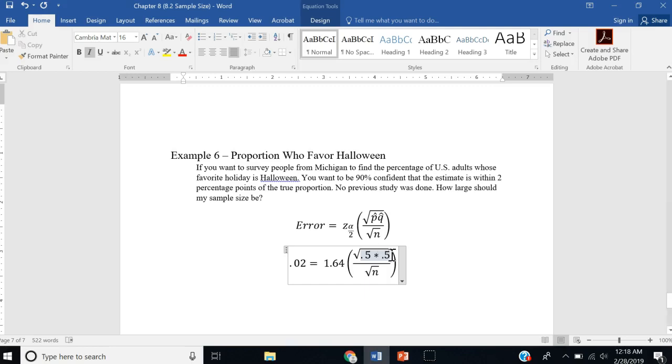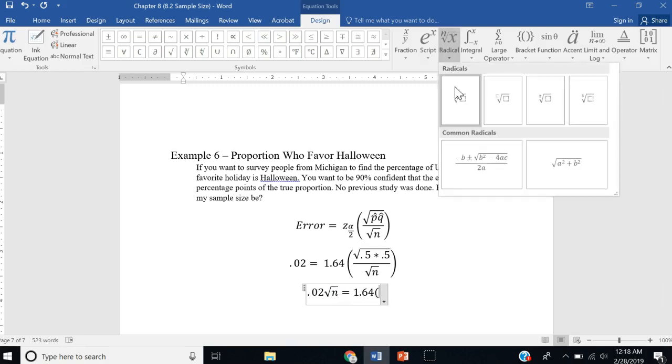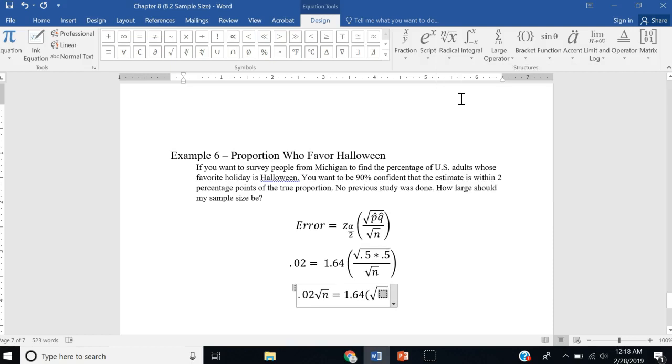Now, solving this works exactly in the same way as we did before. So we're going to take 0.02 times the square root of n and set that equal to 1.64 times the square root of 0.5 times 0.5.